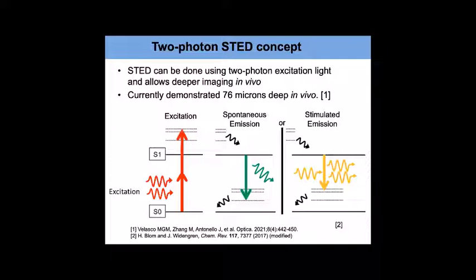And with this technique, super resolution has been demonstrated. I think this might be the record, I'm not 100% sure, but 76 microns deep in mouse brain. Again, you have the same process: two-photon excitation, and when you apply your STED beam, you get depletion.